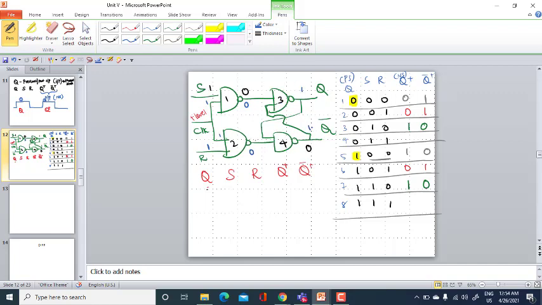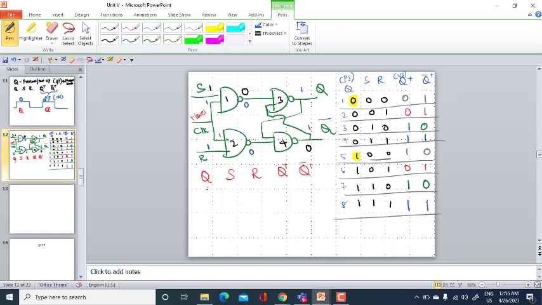So you have a contradictory output here. See, both are 1. But what I said is that Q and Q bar are complements with respect to each other. But I am getting 1 and 1 here. So when my input is 1 and 1, your output is also 1 and 1.